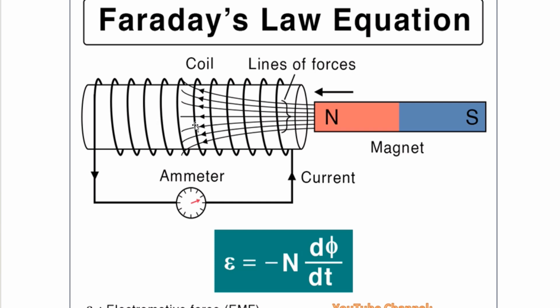If you take it inside the coil, the deflection comes in a particular direction, that is forward direction, you can say. But when you take it out, it gives you deflection in the opposite direction, reverse direction. So the galvanometer has a zero position, and it can give you deflection on either side, both sides.